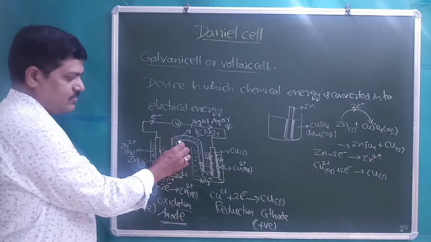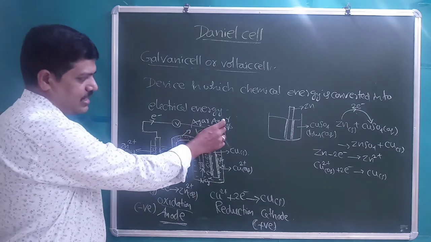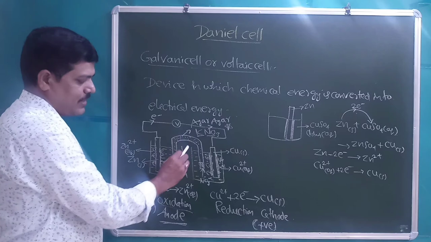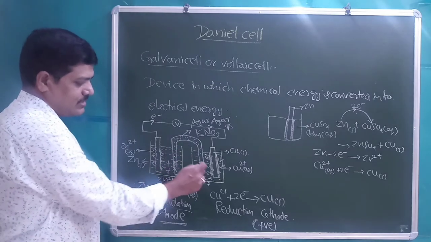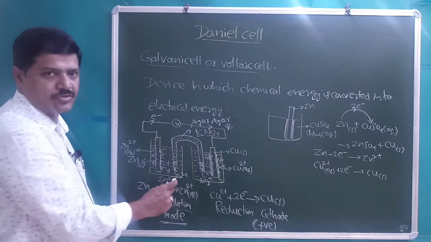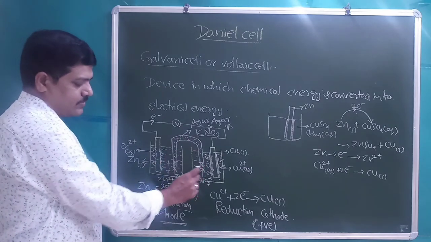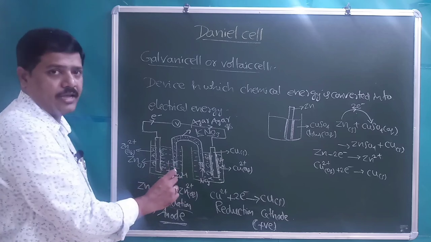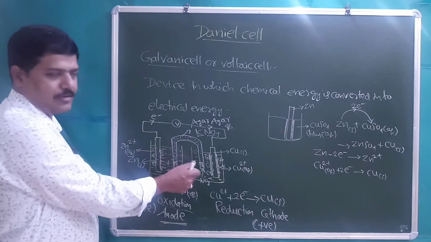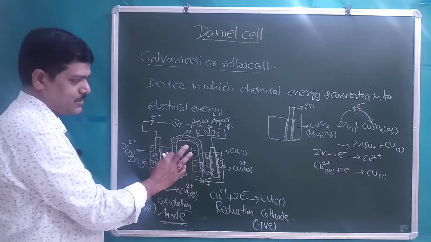The salt bridge is an inverted glass tube filled with the organic substance agar and a strong electrolyte like KNO3 made into a paste, and two porous plugs are fitted, which do not allow these two solutions to mix. It allows only the flow of ions through it, which is useful in maintaining electrical neutrality of the cell. If the salt bridge is removed, no current will flow; it will stop immediately, right?